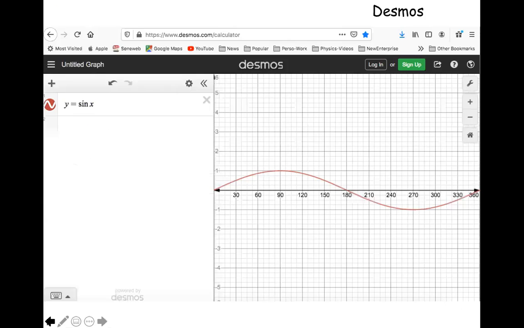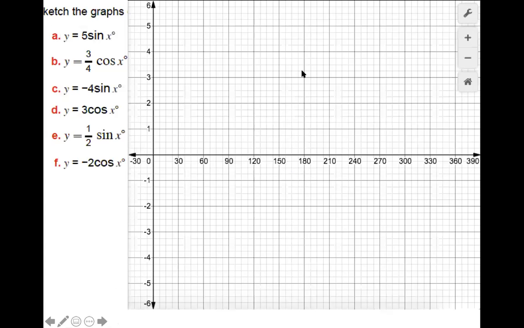Once I had put it up, I copied the grid so that we can now sketch the graph. So your first exercise would be to sketch y equals 5 sine x, y equals 3/4 of cos x, negative 4 sine x. You're going to pick one and we're going to try and draw it. Pick any of those and then I'll go through it with you, and that means you can do the other ones.